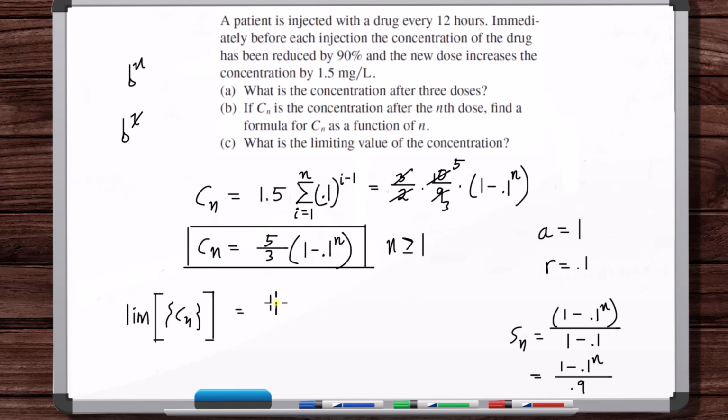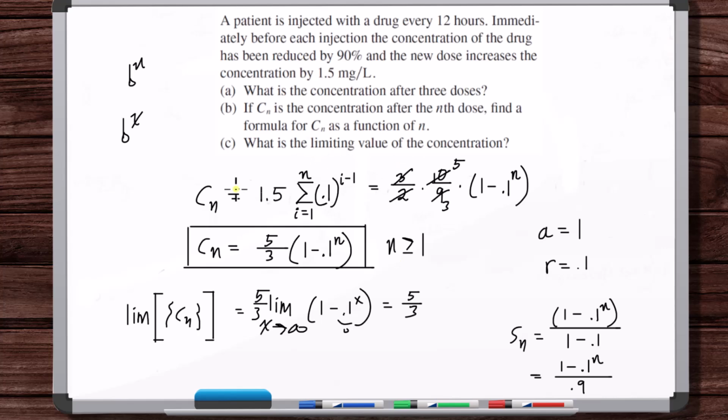So let's take out the 5/3. With 0.1 to the x, as x goes to infinity, this goes to 0. So this limit goes to 1 with the 5/3 out front. This goes to 5/3. So the limit of this sequence is 5/3.